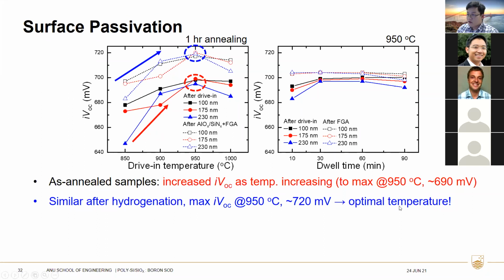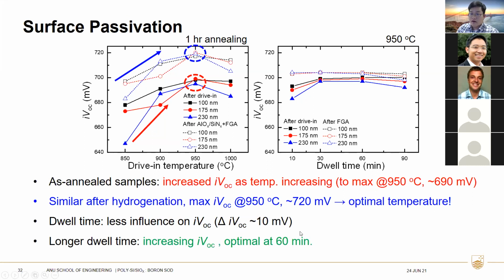So this is the optimal temperature we choose to study the effects of dwell time. We vary the duration of the annealing for a fixed temperature of 950 degrees. We see that the dwell time shows less influence on the iVoc, with a delta iVoc of around 10 millivolts here, and longer dwell time shows increasing iVoc, but it's maximum at around 60 minutes.